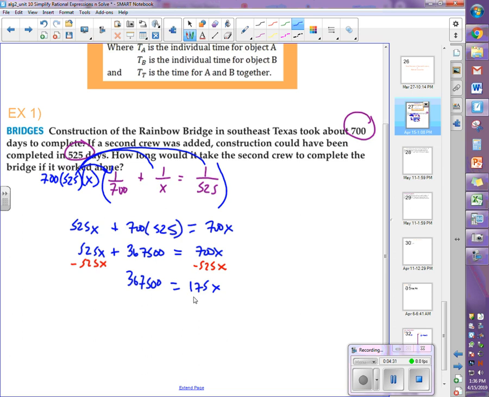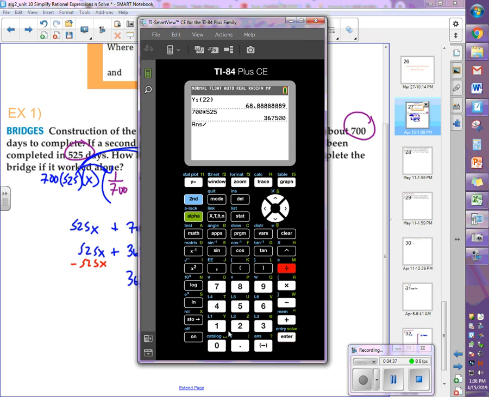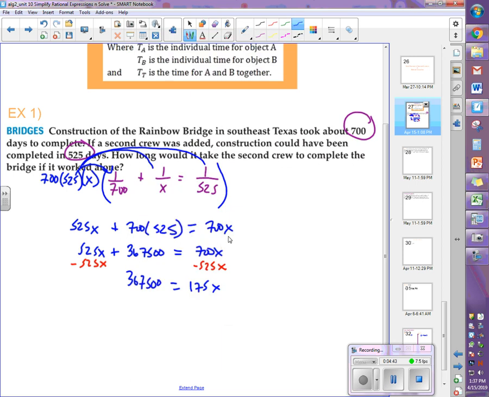And then divide both sides by 175 to get x. And you get 2100. So 2100 is equal to x. So in other words, it would take the second crew 2100 days to complete if worked by themselves.